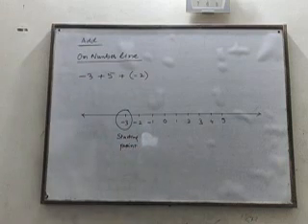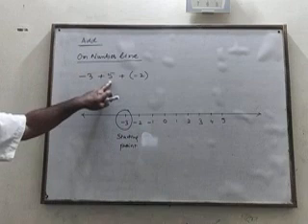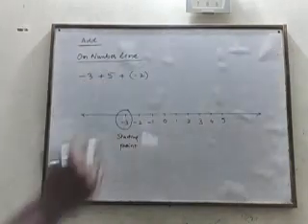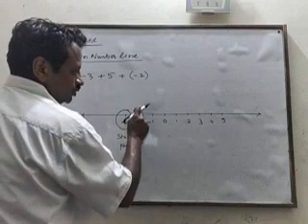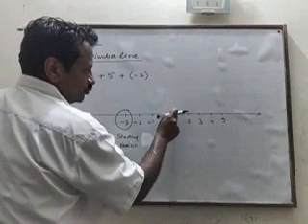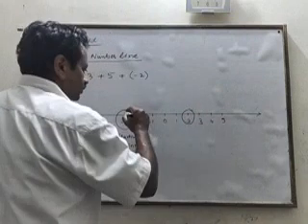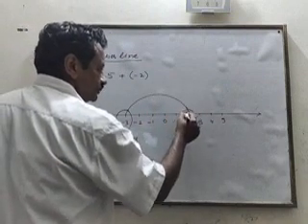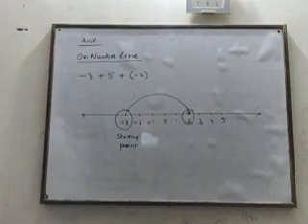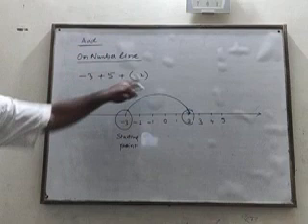Because I am adding a positive number, I will go to the right, 5 steps: 1, 2, 3, 4, 5. I will reach here.